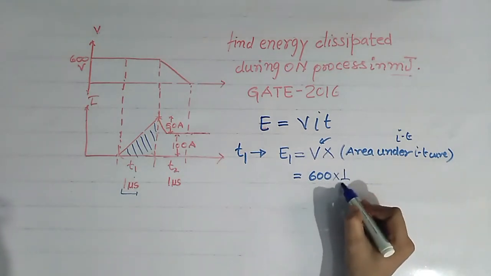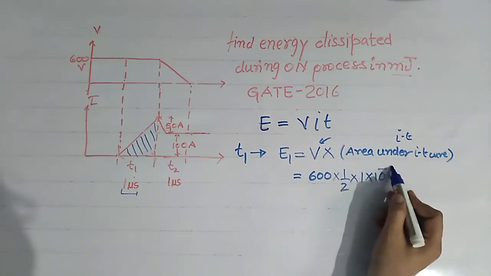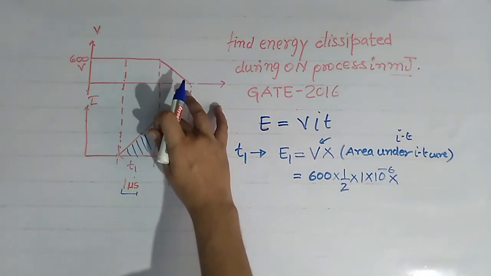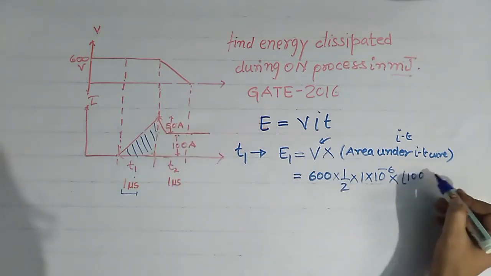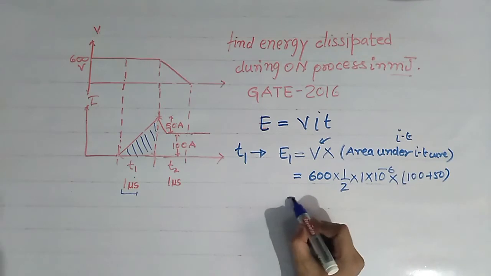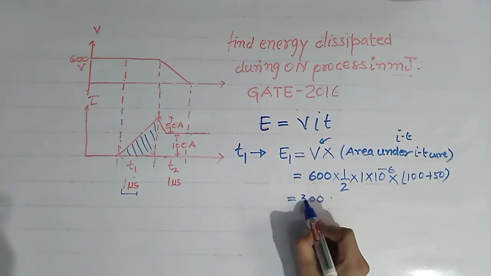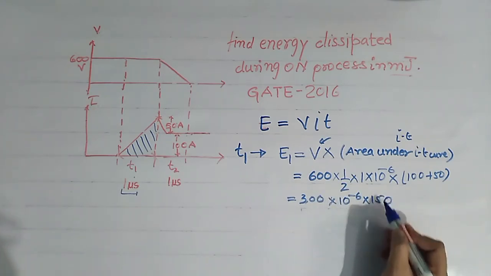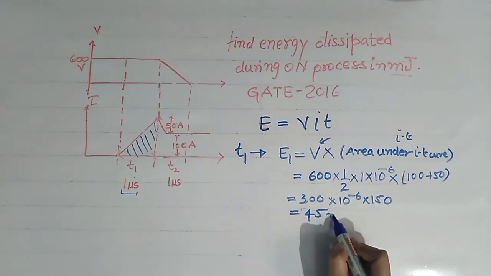That is equal to half base, base is T1, that is equal to 1 microsecond. So 1 into 10 to the power minus 6. And what is this altitude? That is equal to 100 plus 50. So here we get 600 by 2, that is equal to 300 into 10 to the power minus 6 into 150. So simply we get 45 millijoule.